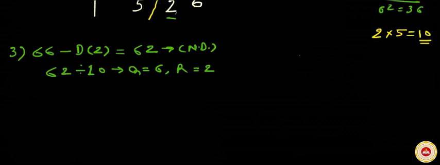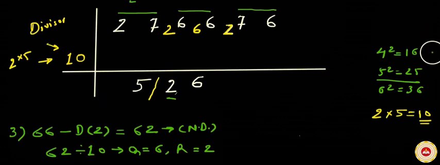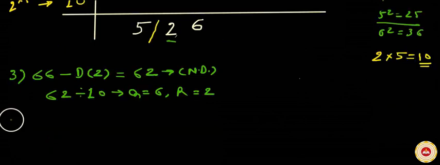So 27, you cannot divide 27 directly by 10. We are going to calculate the net dividend out of this 27. Now how to calculate the net dividend? Step number 4: 27 minus the duplex of these two digits, 2 and 6, the number 26. 27 minus the duplex of 26.